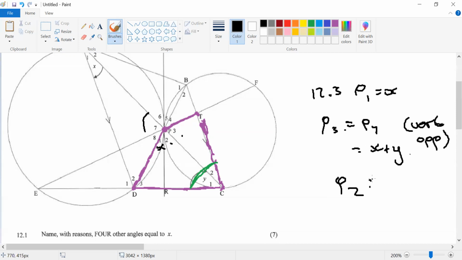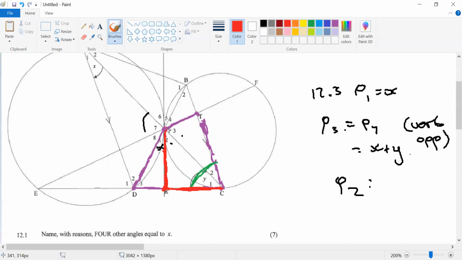The way we get angle P2 is, okay, why don't you tell me what you think about P2? Think tangents. That's the one hint I'm going to give you. Because I know that there's a tangent going in this direction, and there's a tangent going in this direction here.